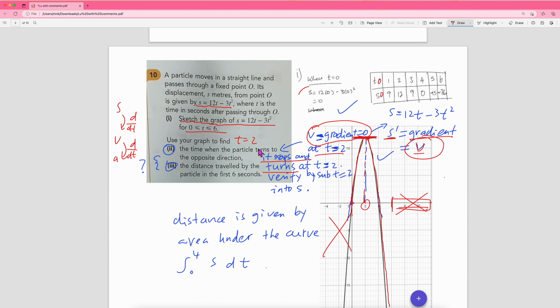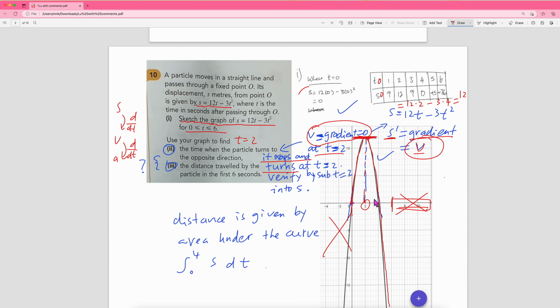You can verify. How to verify? You sub in the t. You sub in t equals to 0 into s. Very good. What do you get? Must get 0. Isn't s the displacement? So what do you get? 24 minus 12, 12, right?